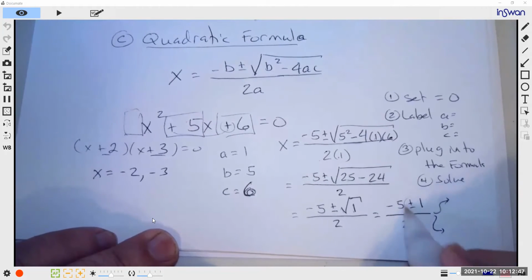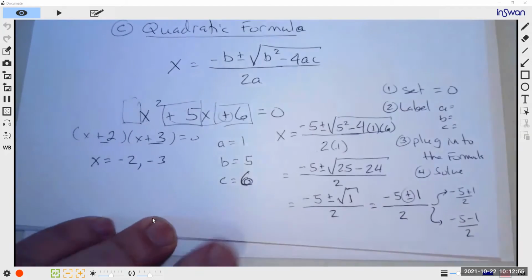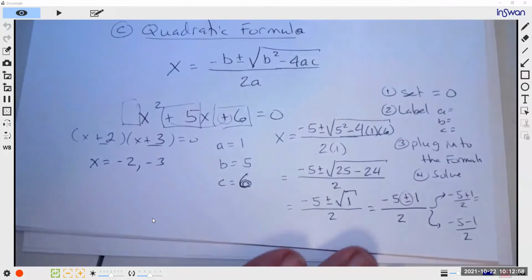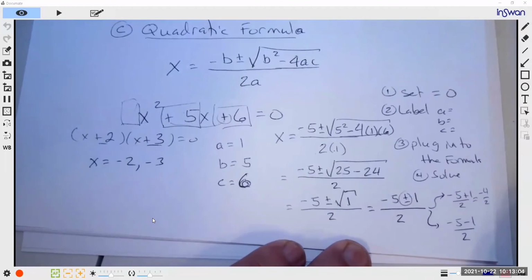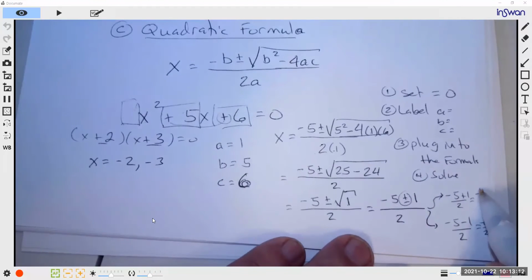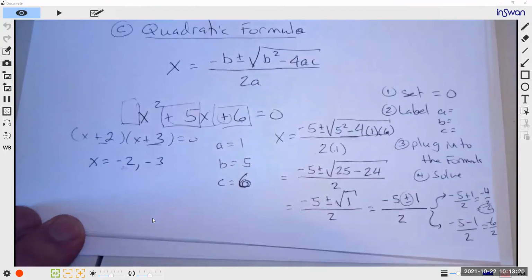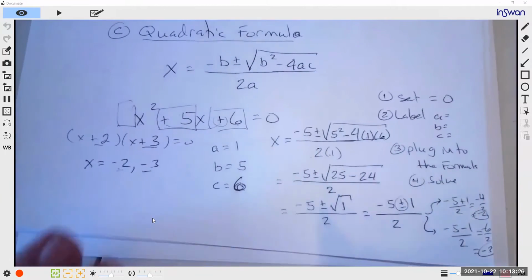So this gives us our two answers. -5 plus 1 over 2. -5 minus 1 over 2. -5 plus 1 is -4 over 2. -5 minus 1 is -6 over 2. -4 over 2 is -2, which is what we said. -6 over 2 is -3, which is what we said.